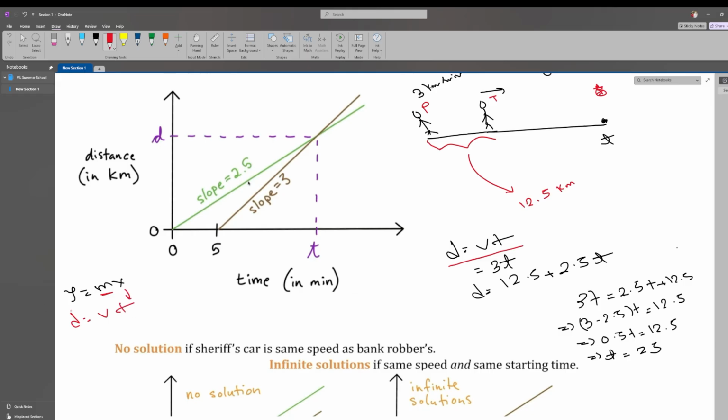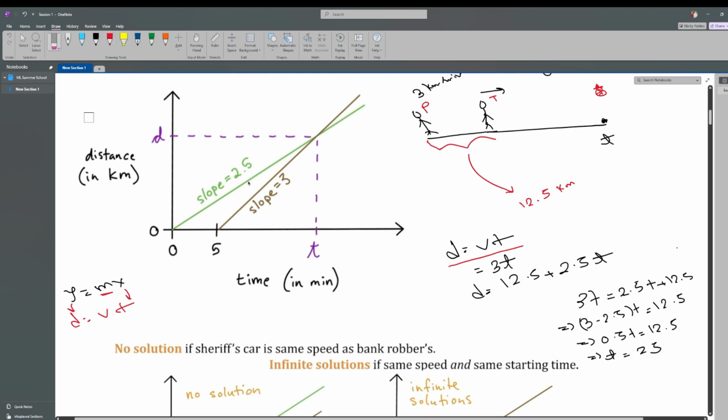T is represented in the x-axis, d is represented in the y-axis. So that means the value for v should be the slope. That is exactly what happened here. We have seen it earlier as well. The velocity or speed for the thief is 2.5, and for the police officer it is 3. That is it, nothing else. You don't need to think much more about it.